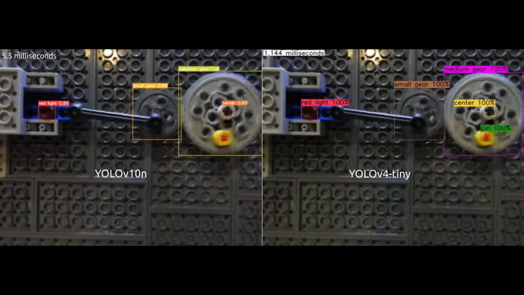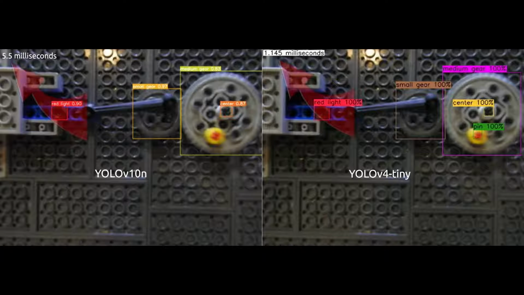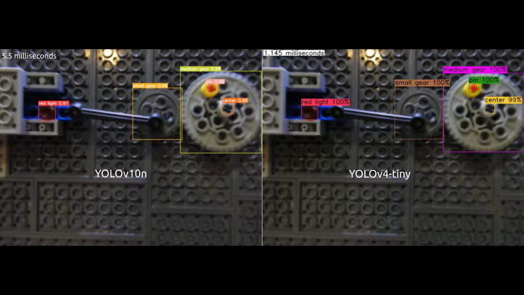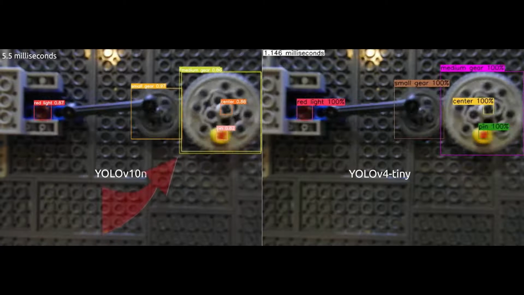Inference with Ultralytics YOLOv10 is nearly 5 times slower than with Darknet YOLOv4. The next difference is the confidence levels for each object found. In this video, you can see how YOLOv4 Tiny returns nearly 100% confidence, while YOLOv10N returns lower values and in some cases fails to detect objects or incorrectly identifies duplicates.